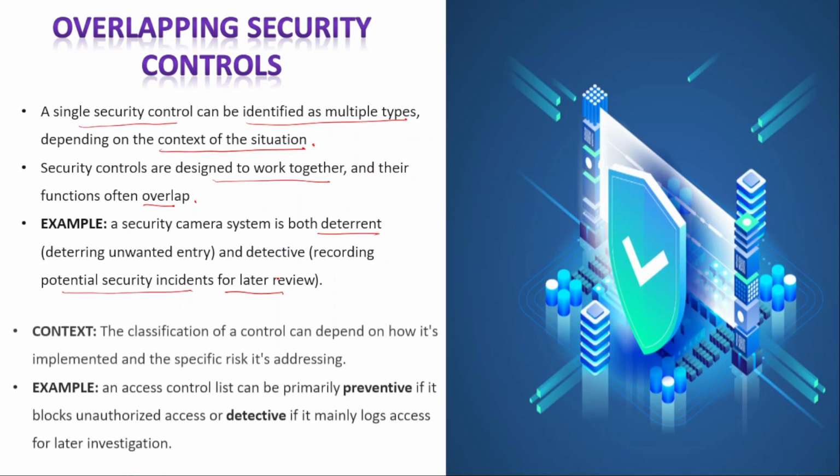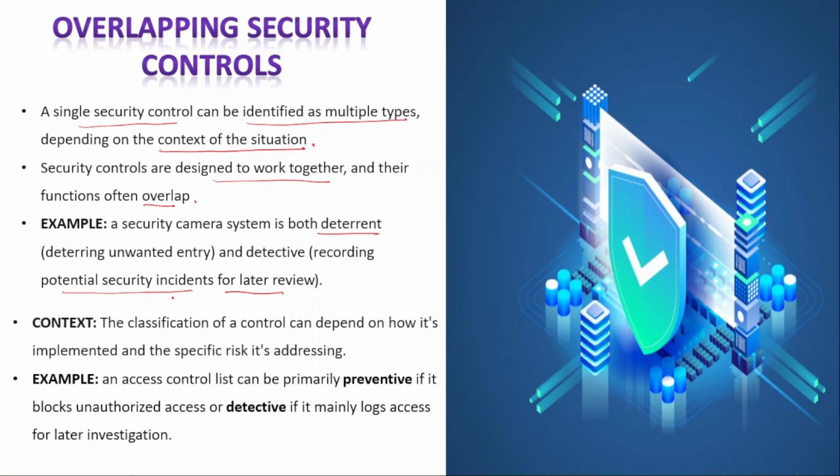So how to identify a security control and put it in a specific category or type? It all depends upon the context. The classification of a control can depend on how it's implemented and the specific risk it is addressing. For example, an access control list or ACL can be primarily preventive.